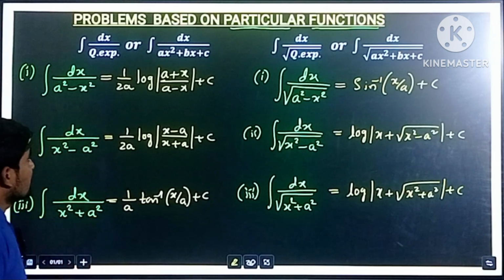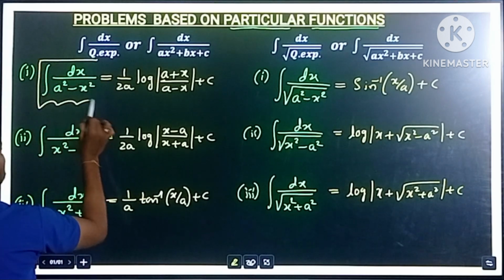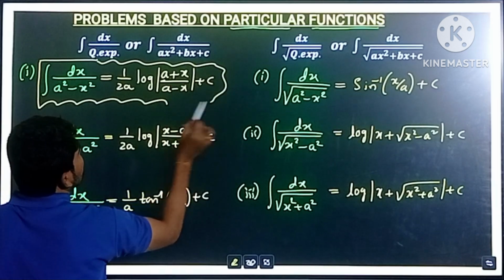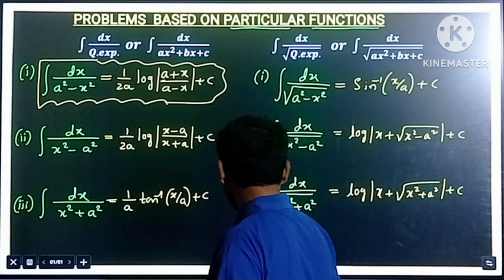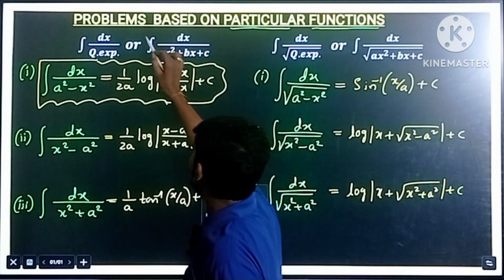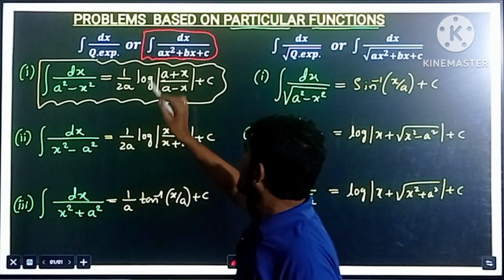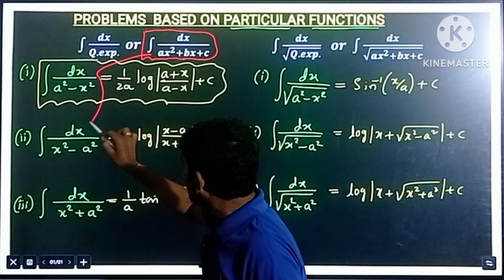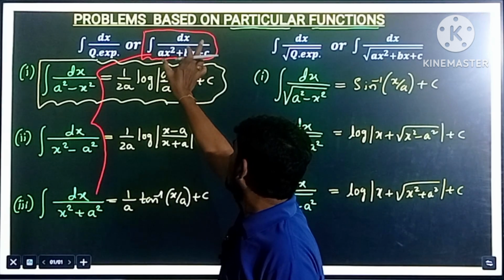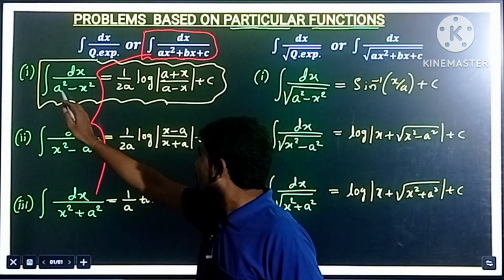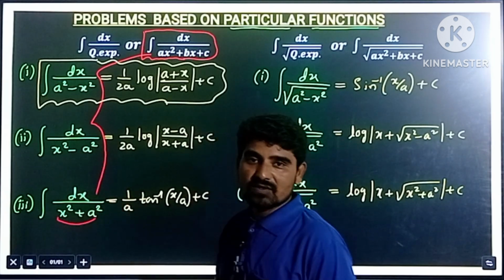One more thing I need to discuss here: if the problems are given in standard form, then we can directly solve by using these formulas. If the problems are given in the form ax square plus bx plus c, the procedure is, first we need to convert this format to any one of these three forms: a square minus x square, x square minus a square, or x square plus a square.